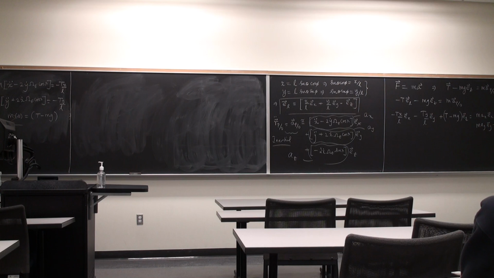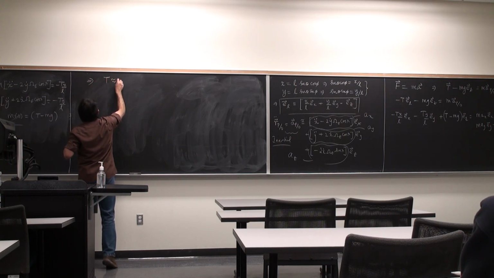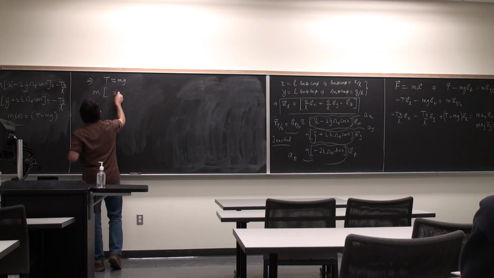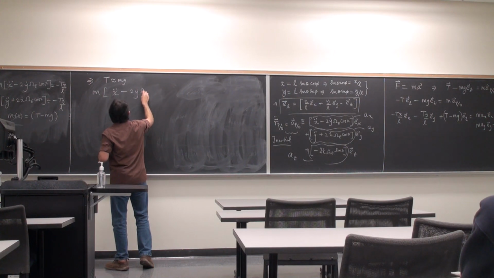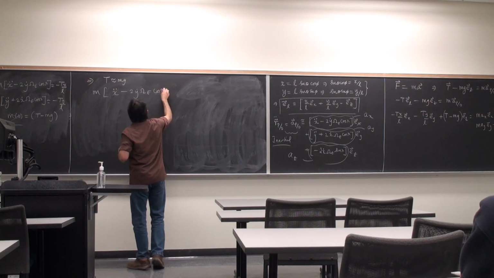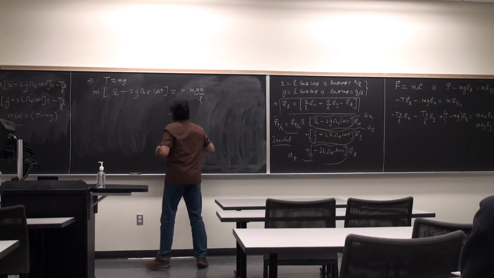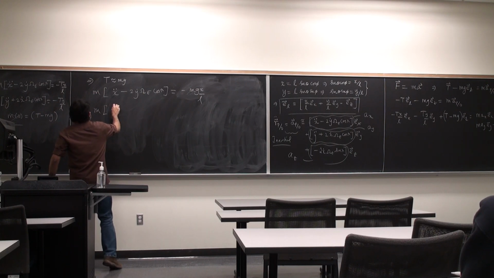So T is equal to mg approximately, which means wherever I see a T, I'm going to substitute mg. That's going to happen here and there. So m times x double dot minus 2 y dot omega e cosine lambda is minus mg x by L. Likewise for y double dot.